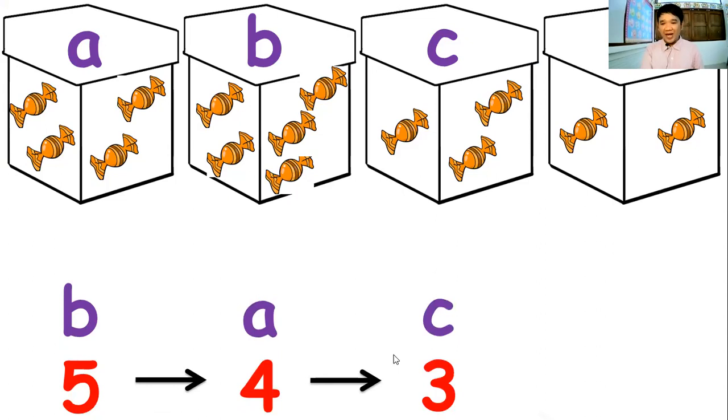And then the smallest number is letter D, because it only has 2 candies or 2 sweeties. So 5, 4, 3, and 2. 5 is the greatest number and 2 is the smallest number. So that is how you order the numbers from greatest to smallest. Okay?